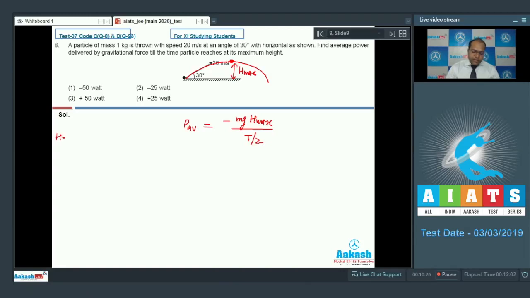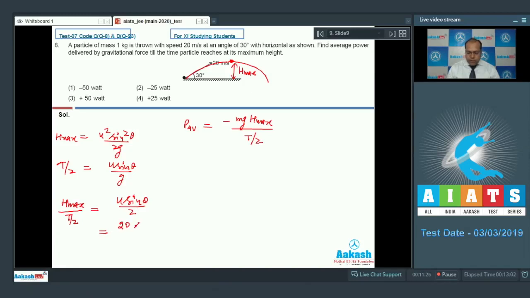We know that h max is given by u squared sine squared theta divided by 2g, and T by 2 is given by u sine theta by g, that is half of the time of flight. So if I calculate the ratio h max divided by T by 2, it comes out to be u sine theta by 2. If I substitute the data, the value of u is 20, sine 30 degree is half, and divided by 2.